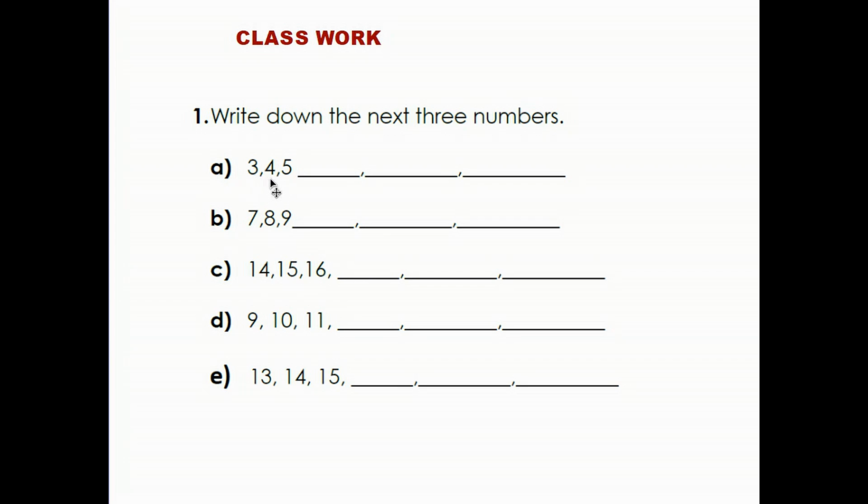That means just like the skip count, by how much it is skipped. So 3, 4, 5. As you can see, there is a one number difference in each. So you can write the next one based on the pattern. So here the numbers are written in ascending order, that means increasing order. So the next numbers you can guess or write.